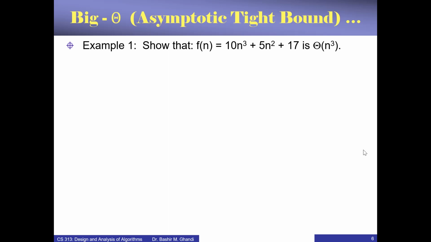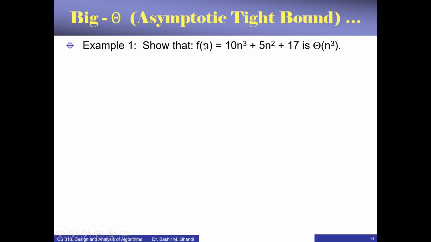Example number 1 says, show that Fn, which is equal to 10n cubed plus 5n squared plus 17, is theta of n cubed. Now here, let us not forget that this function Fn is the running time of an algorithm, and we saw in the last lecture how to derive this function.